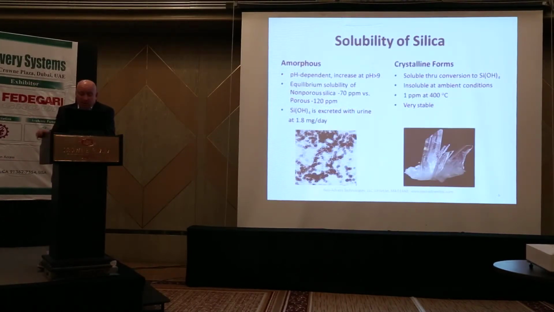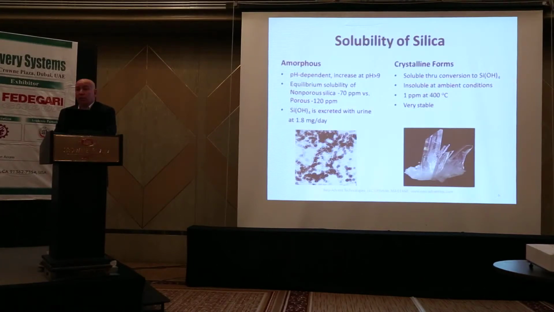Again, crystalline silica is pretty much insoluble, so even at high temperature, we cannot reach more than 1 ppm at 400 degrees Celsius. However, amorphous silica is pretty soluble, especially at high pH, pH more than 9. But even at neutral pH, the solubility is pretty high. If the particle size is small, we're talking about nanoporous silica, it's 70 ppm, and porous is 120 ppm.